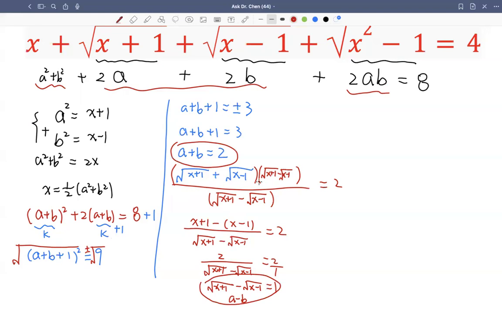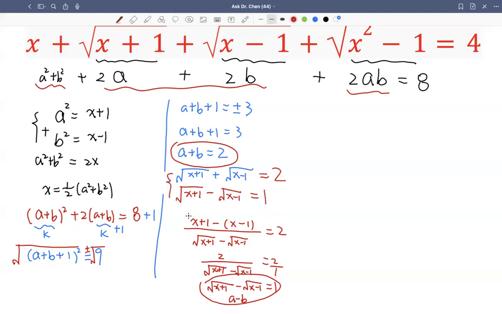We could add. Remember, this is a plus b equals 2, and a minus b equals 1.